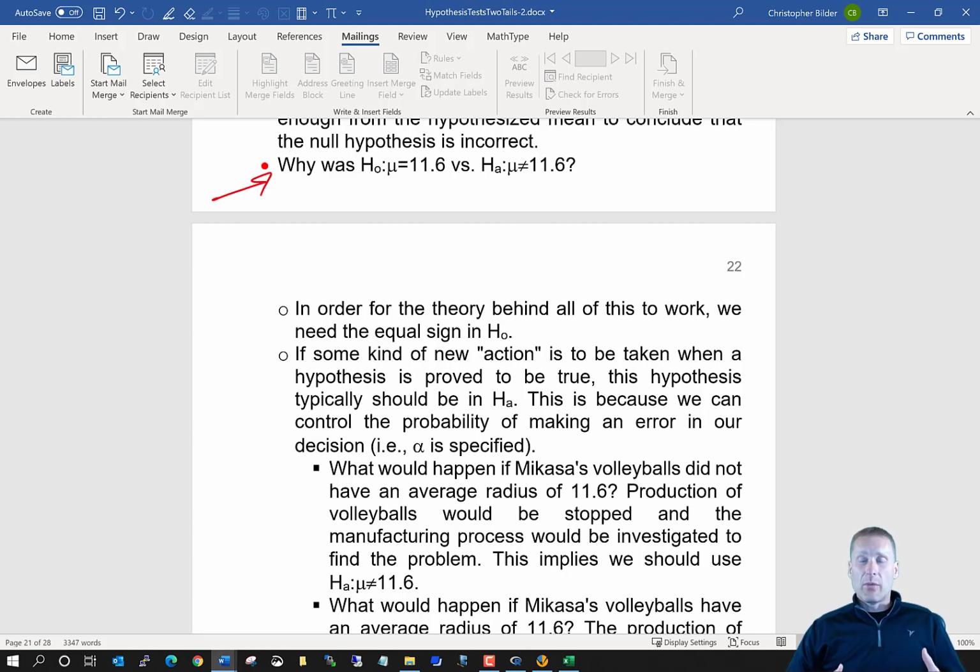And that has to do with a lot of the mathematical theory that underlies the hypothesis testing process to make this all work out. An intuitive way to think about it is that when you form your test statistic here, you need to do it in a way that H0 is true. And so to do that, that's why you need to always have an equal sign corresponding to that null hypothesis.